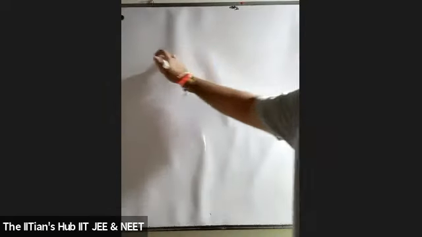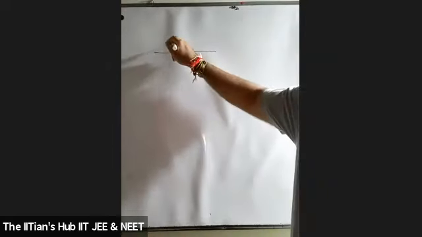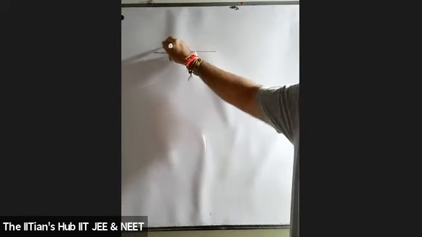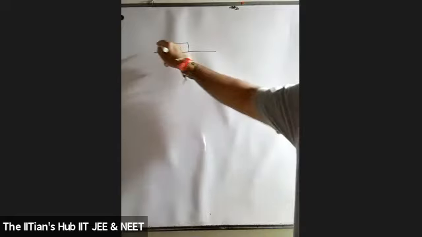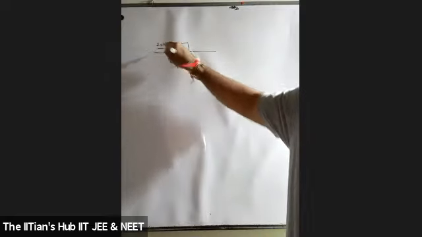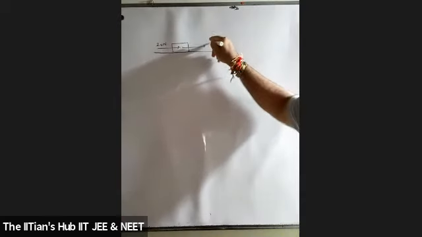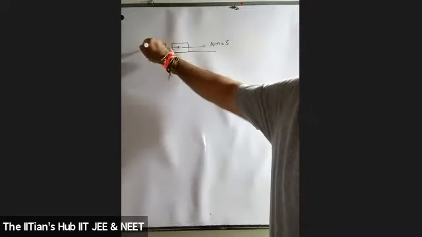Students, listen carefully. A block is given to you, and a block is placed on a surface, students. Applied force I'll consider will be equal to 20 Newton. Let us say the displacement is 10 meter. This is the force applied in the first case.